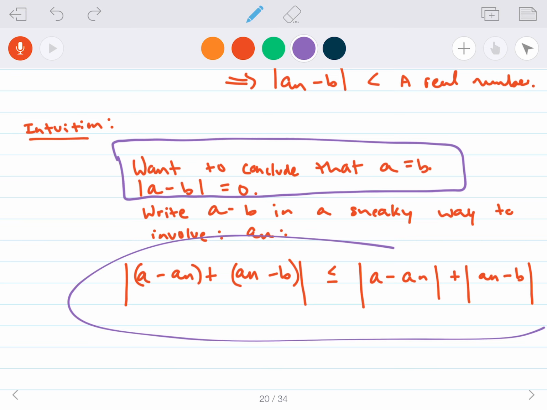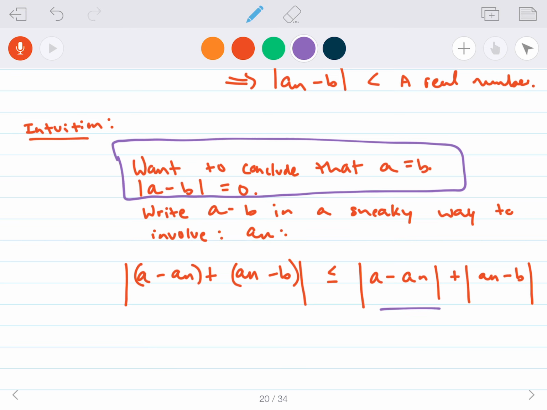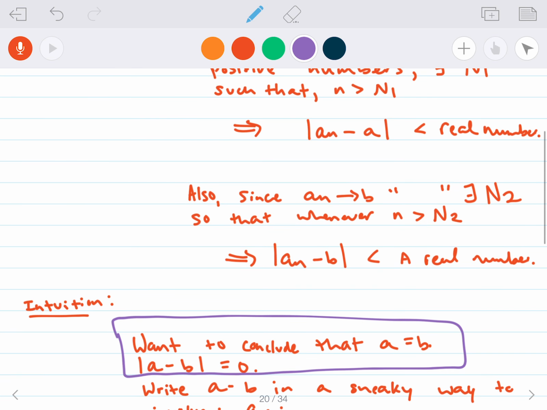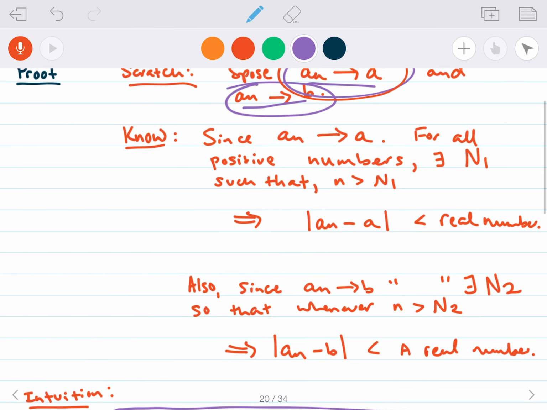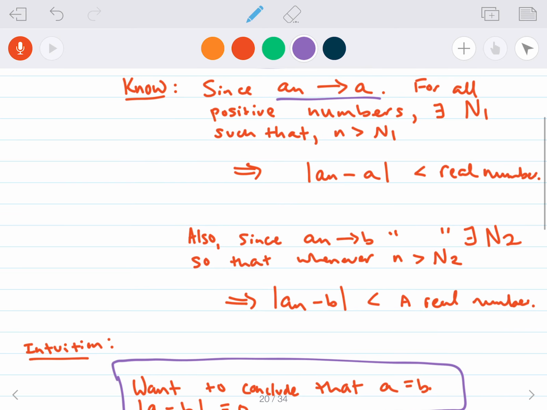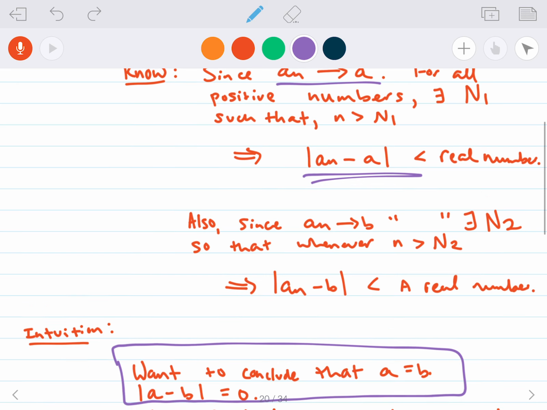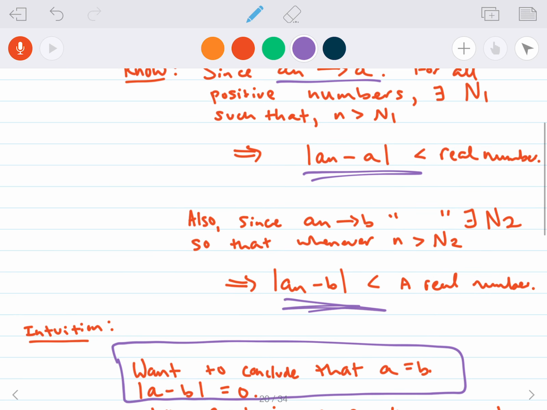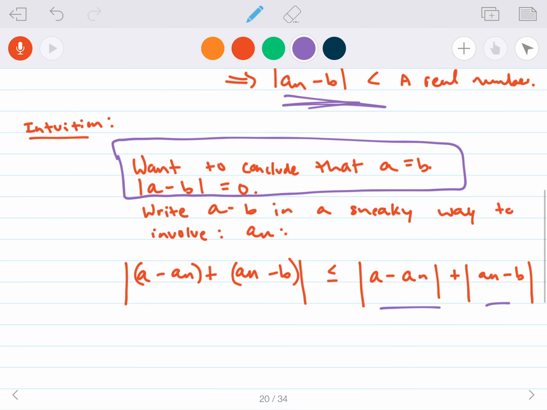I can use the triangle inequality, and this is great because if I look upstairs, I know that what it means for A sub n to converge to A is exactly this, and what it means for A sub n to converge to B is exactly this. And so I'm also going to write this guy by just saying this is equivalent to this, right?